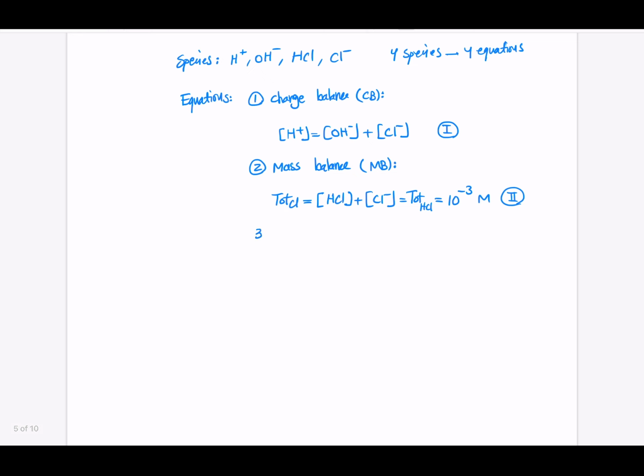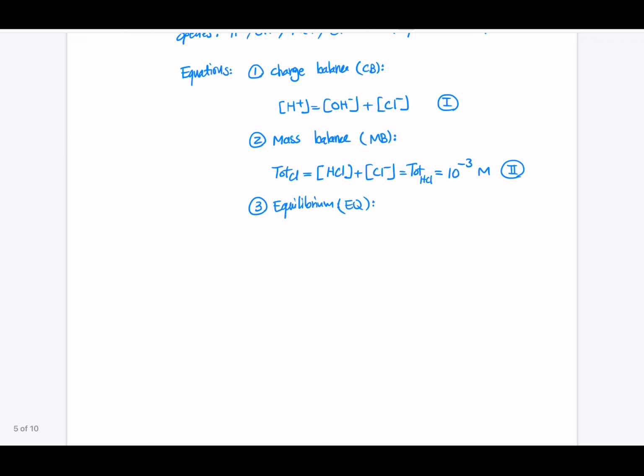So the third class of equation was equilibrium. Or let's call this EQ. How many equilibrium we have? Yep.